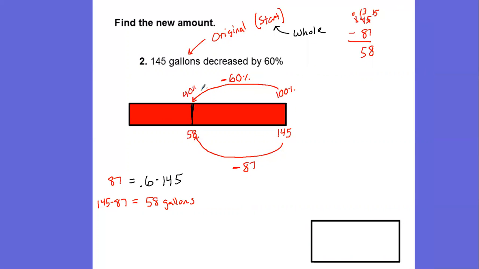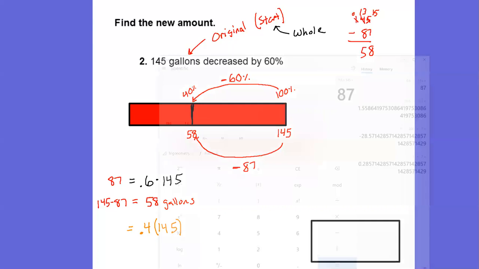If I'm losing 60%, I now have 40% of what I started with. So let me pick a new color here. If I do 40% of 145, that is going to get me the answer right away. It should give me this 58, but let's type it in my calculator just so that you can see it.